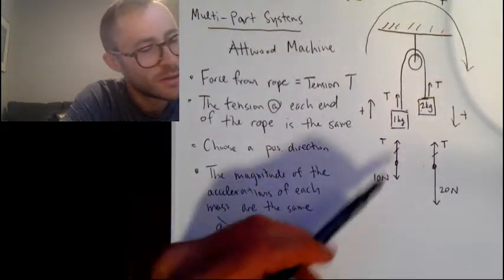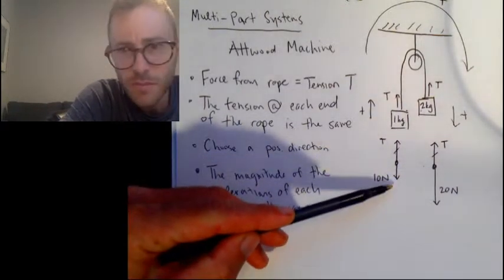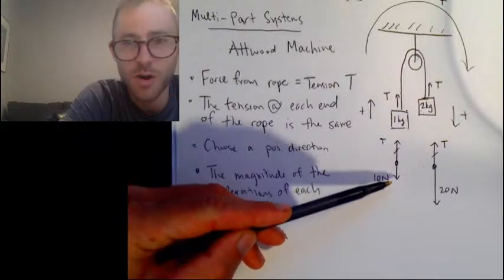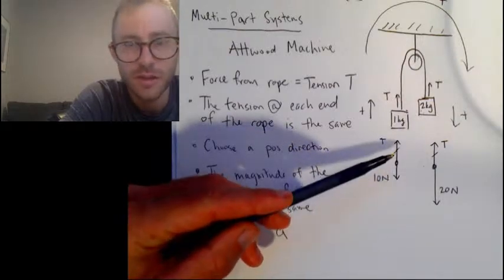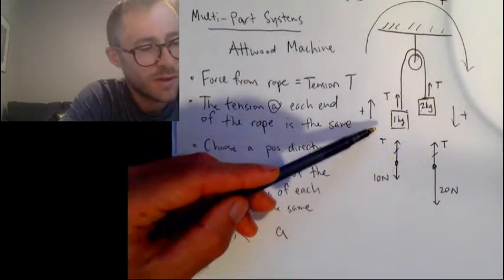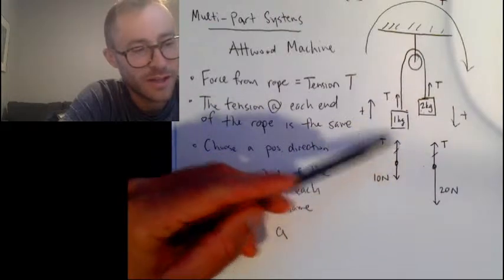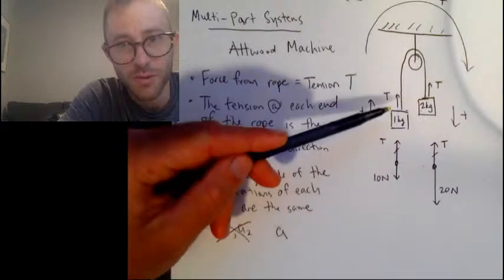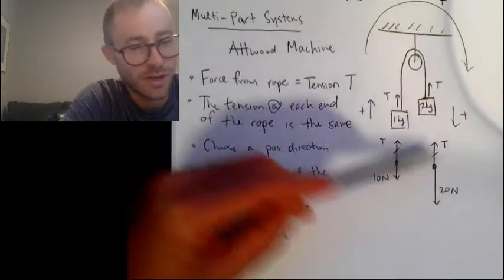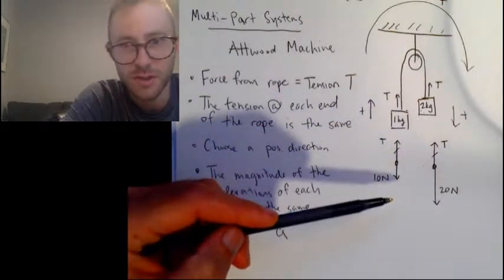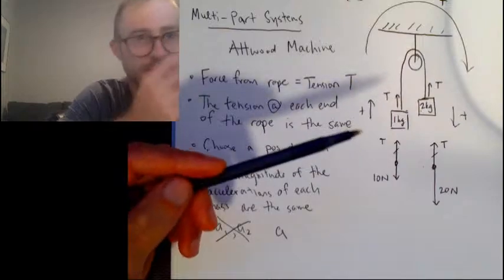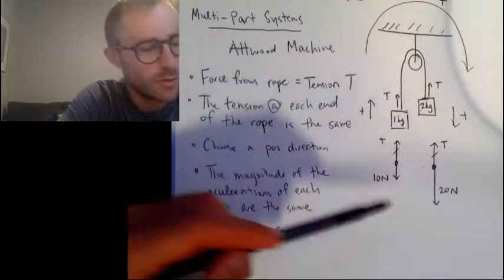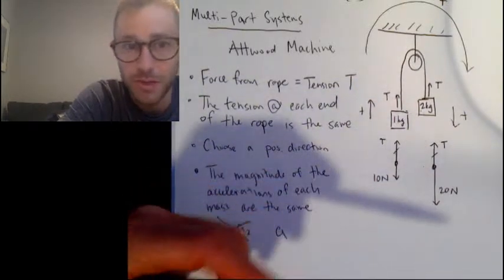Similarly, the 10 newton force is smaller than the tension, so that indicates that the 1 kilogram mass is going to accelerate upward. So the free body diagrams have to look like this in order to have the system behave as expected.